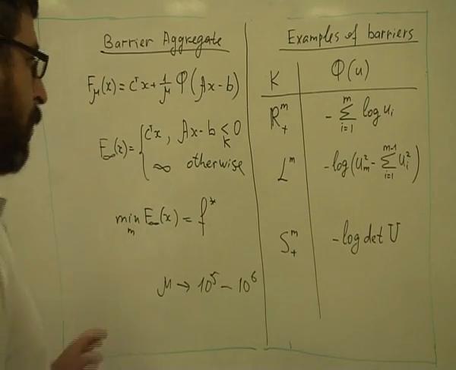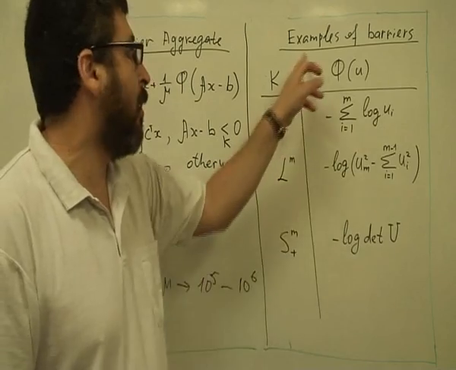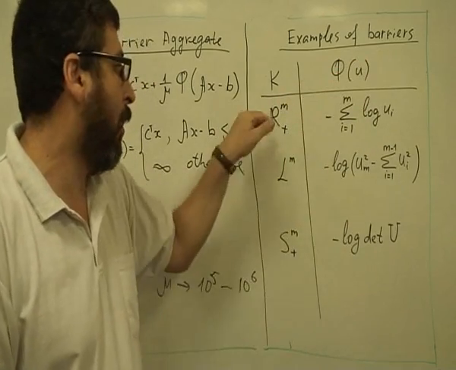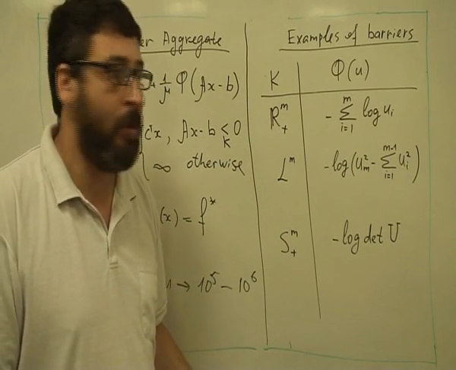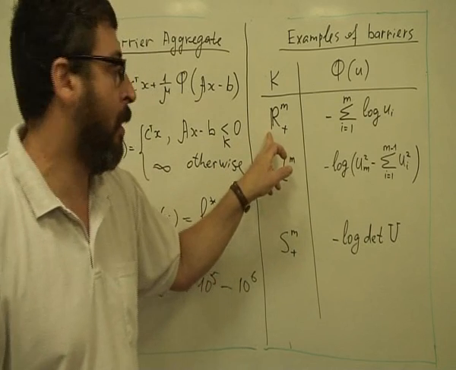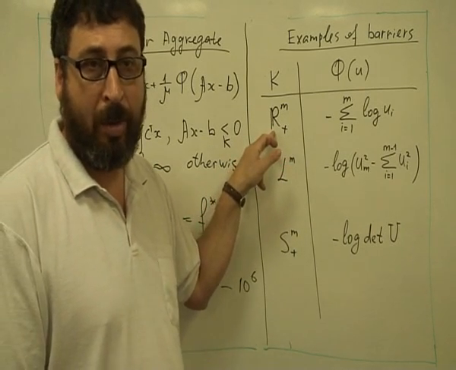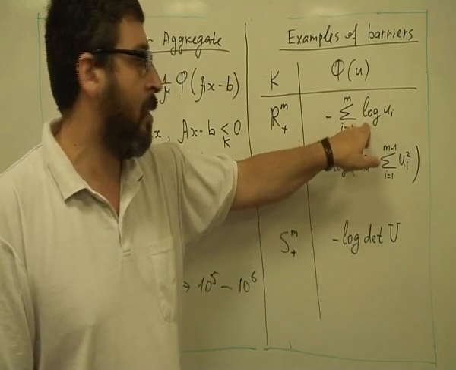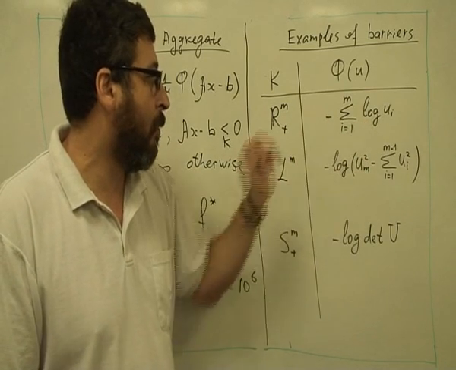And here I just present examples of barriers for 3 basic cones which we use in conic programming. So for R^m plus, the case of linear programming, we already know that we just take logs of your constraints. And this was written here.